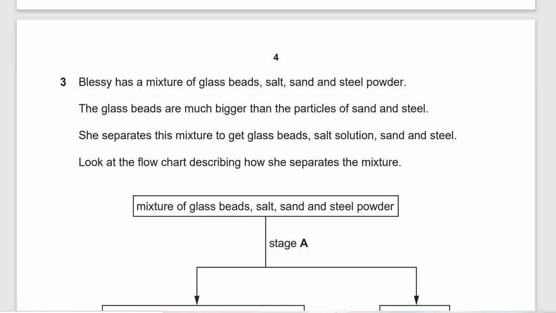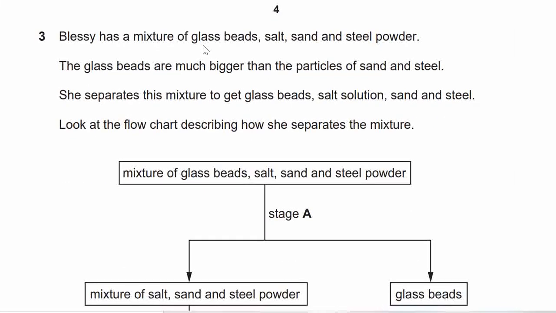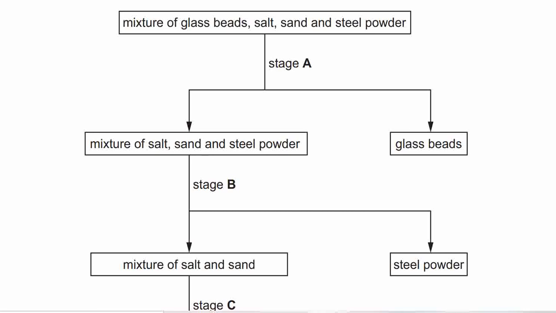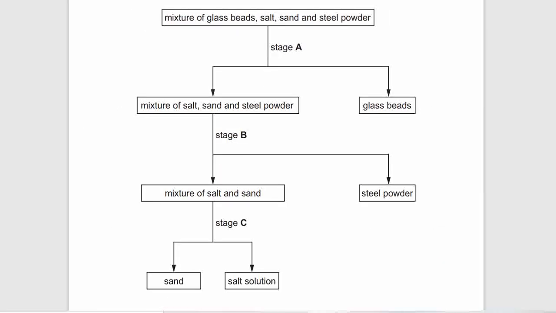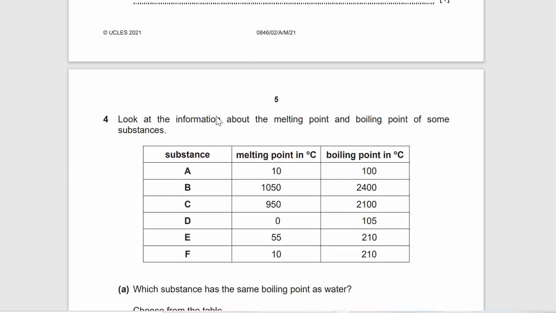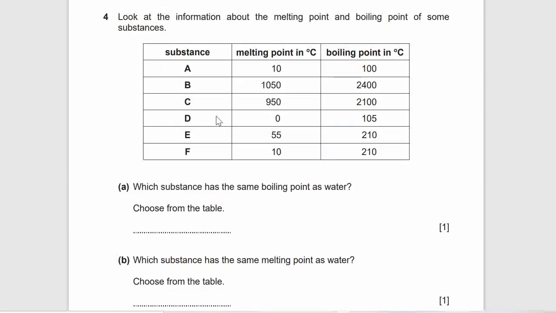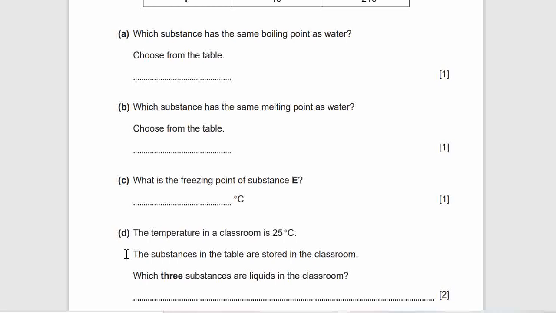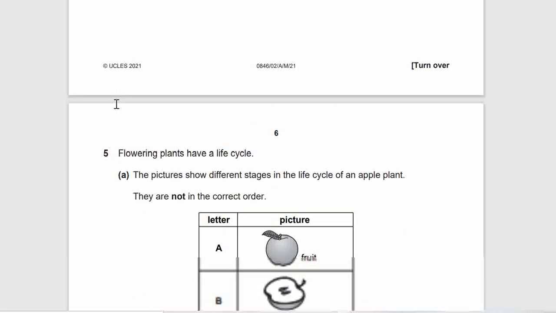When we zoom in, this is number 3 and this is the diagram. And next is the question. Let's move on to question number 4, A and B. And let's move to question C and D. And next is number 5.